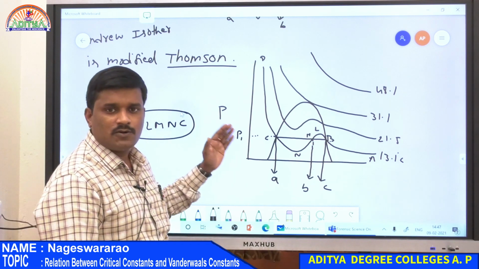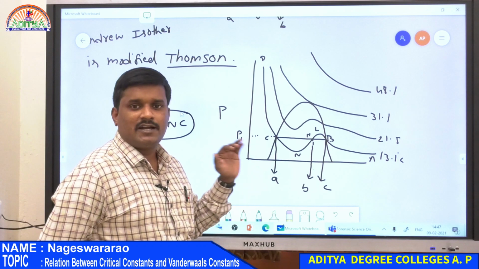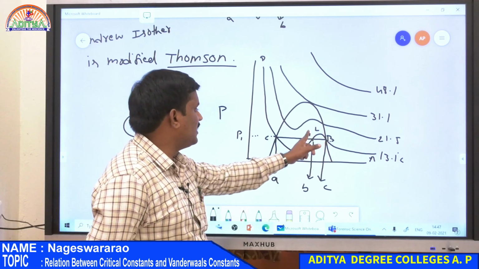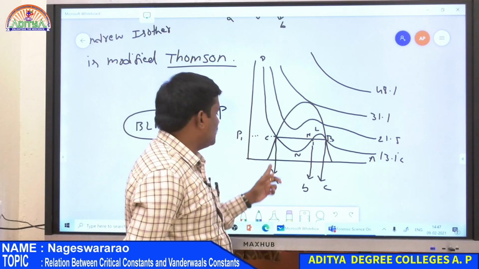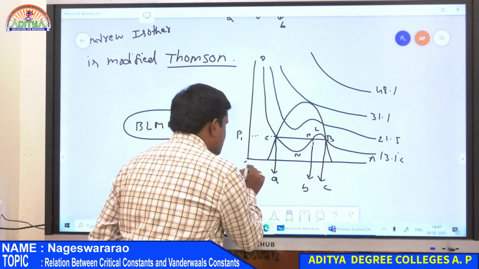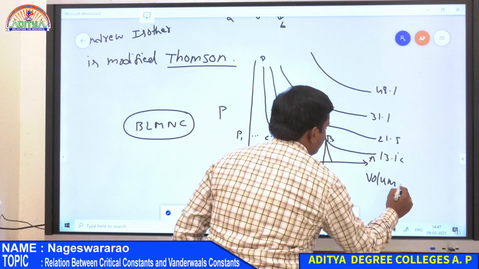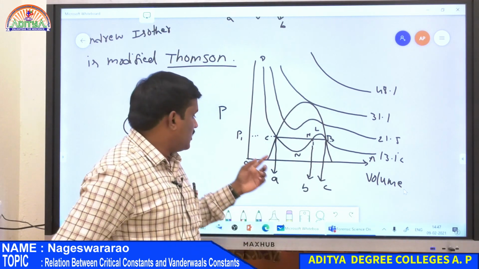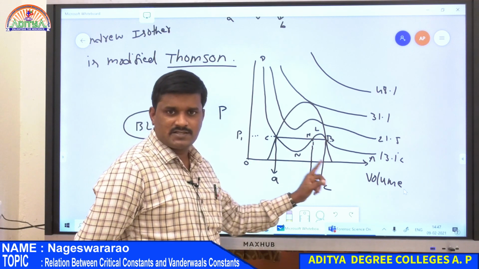In the case of Andrews, there is a horizontal portion BC, but in this case that BC is replaced by a curved isotherm BLMNC. Therefore we have three values of volume at P1. So this is volume on the x-axis. Therefore on the x-axis, for a given pressure there are three volumes A, B, C.